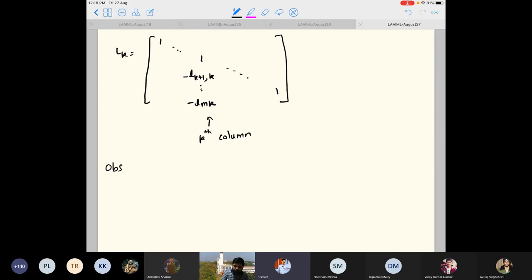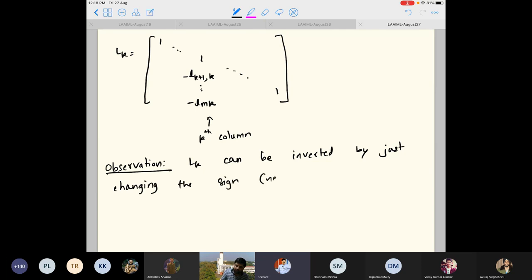So what is the observation that we had? This was the way we computed Lk, and Lk can be inverted by just changing the sign, that is negating the entries below the diagonal, right?